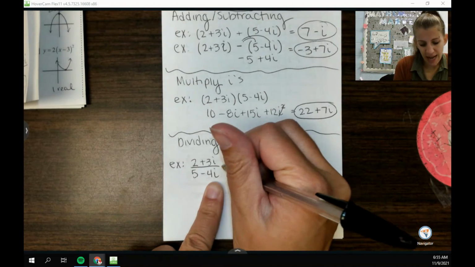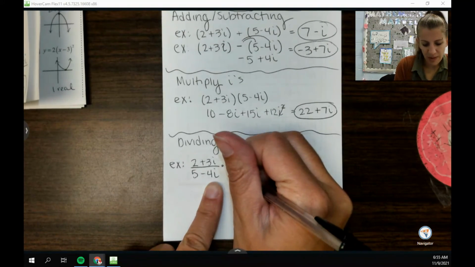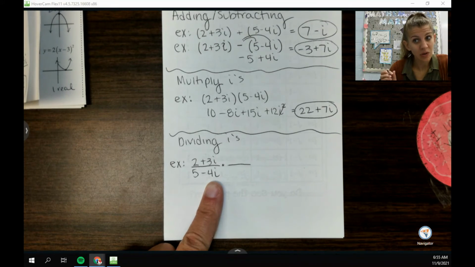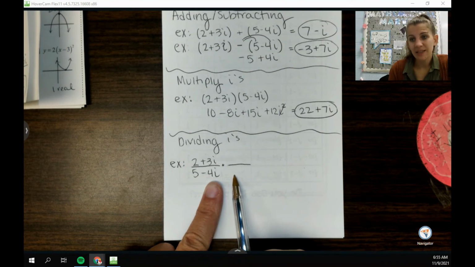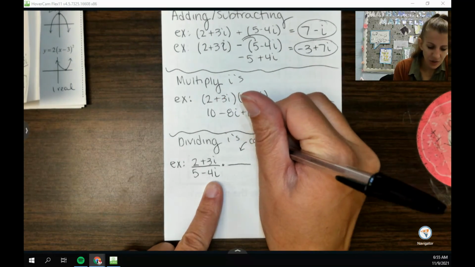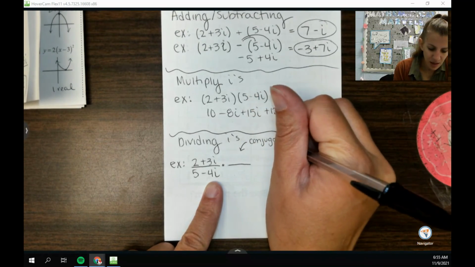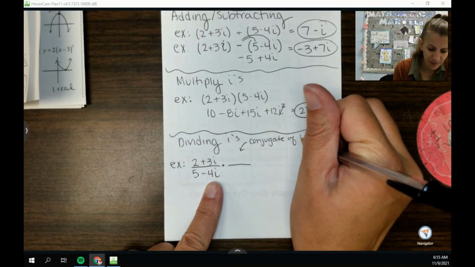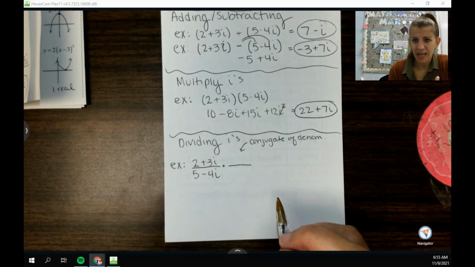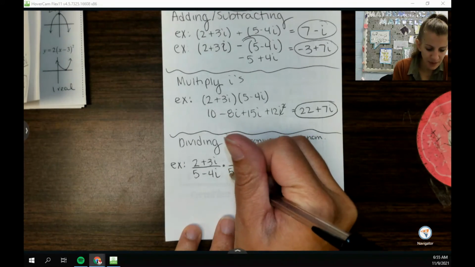So the way you get it out is you multiply by a 1, because you can only multiply by 1, but it's a fancy one. And so you always want to multiply by the conjugate of the denominator. Now remember, conjugate is just kind of opposite, like we change the sign in between.